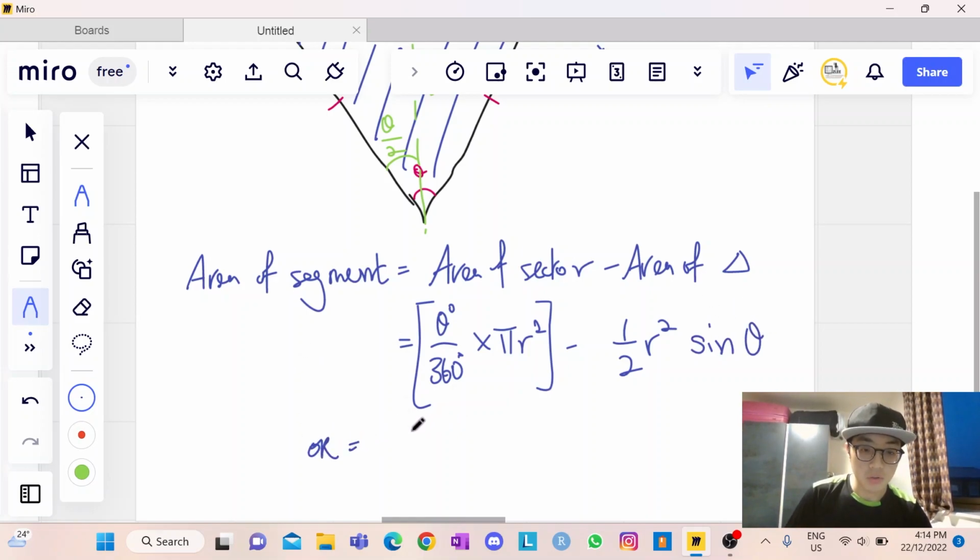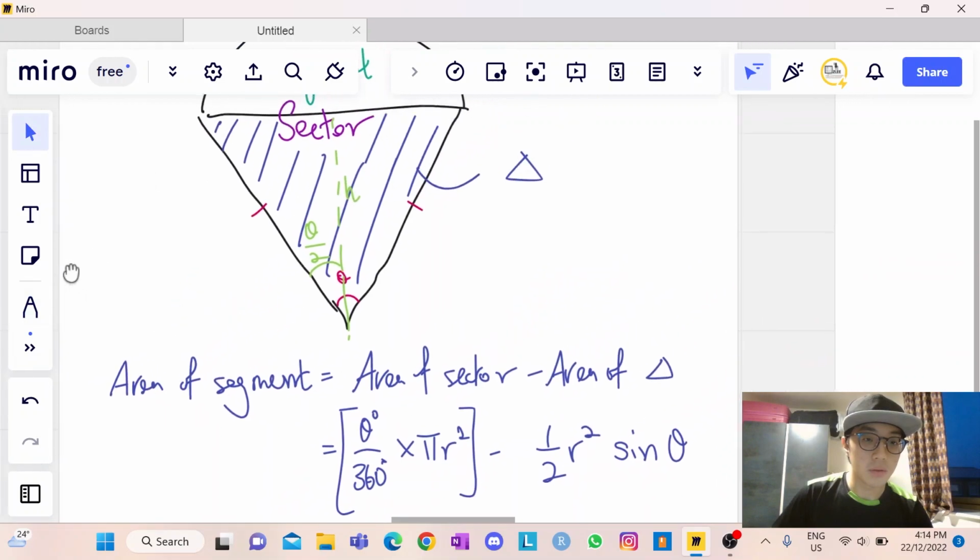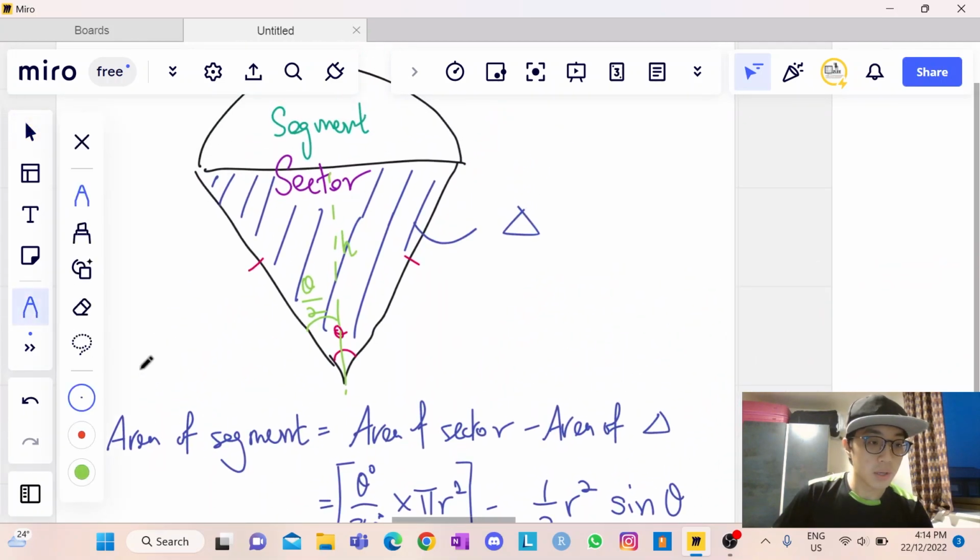Or equal to theta over 360 degrees multiplied by pi r squared minus, so from the top here, you can get h is equal to r cos theta over 2.